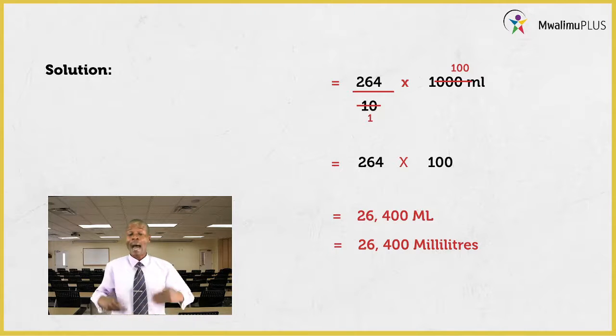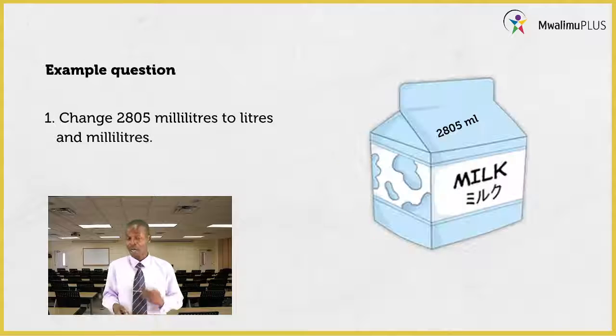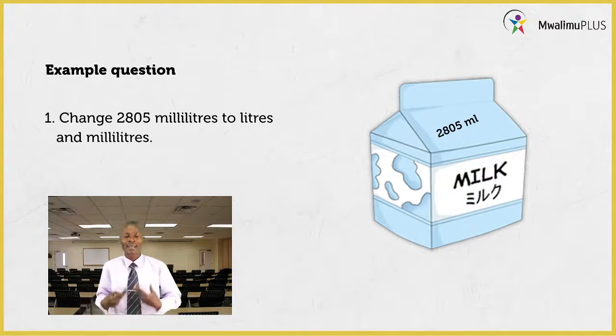Now, an example of a question requires that your participation should be higher than what I can do. And here, very quickly, I believe we're going to do the opposite of what we've done in the sample question, and this is converting 2,805 milliliters to liters and milliliters.